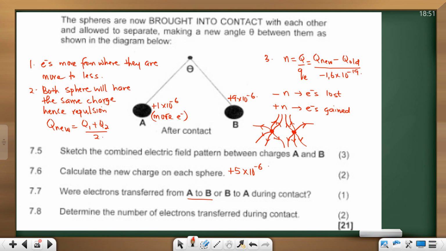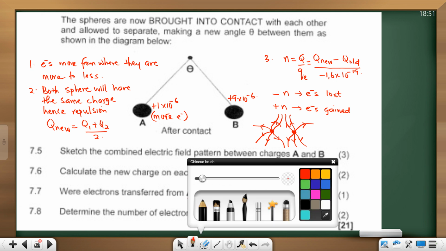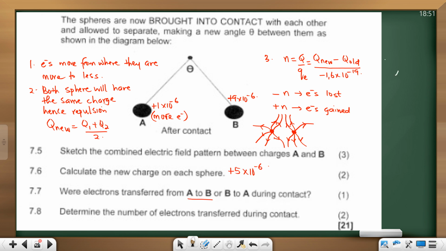Determine the number of electrons transferred. Let me just show you a substitution there. This would be equal to, what is our Q new? Positive 5 times 10 to the power negative 6 minus Q old. Choose any one of them. 1 times 10 to the power negative 6 over negative 1,6.